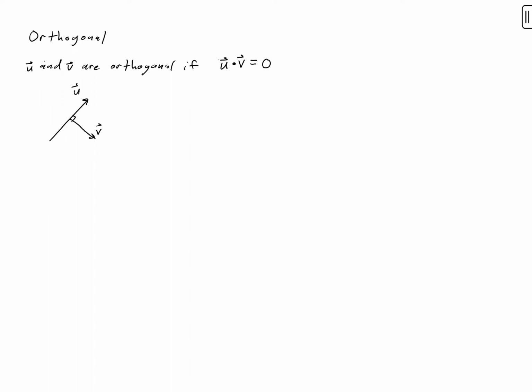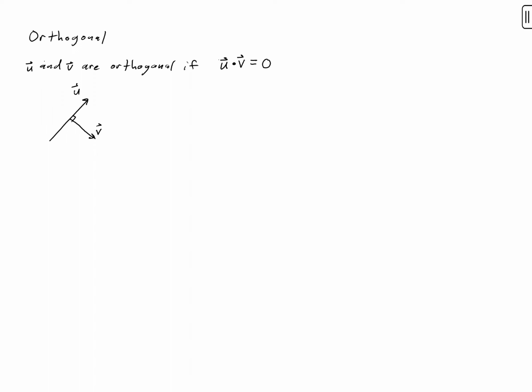And so this idea of orthogonal vectors allows us to think about perpendicular meaning you're at a 90-degree angle. And so orthogonal is also going to mean something along the lines of you're at a 90-degree angle.